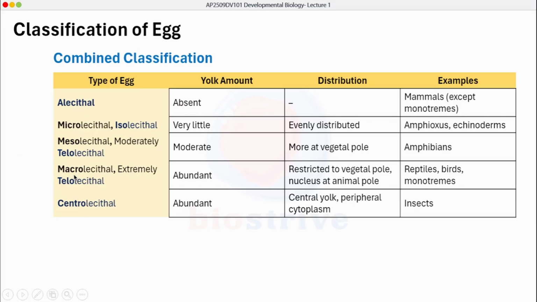In case of macrotelolacithal eggs, the amount of yolk is very high and usually restricted to the vegetal pole. It is present in reptiles, in birds, and for monotreme class of mammals. In case of centrolacithal eggs, amount of yolk is abundant but is restricted to the center of the egg, and it is usually present in insects.